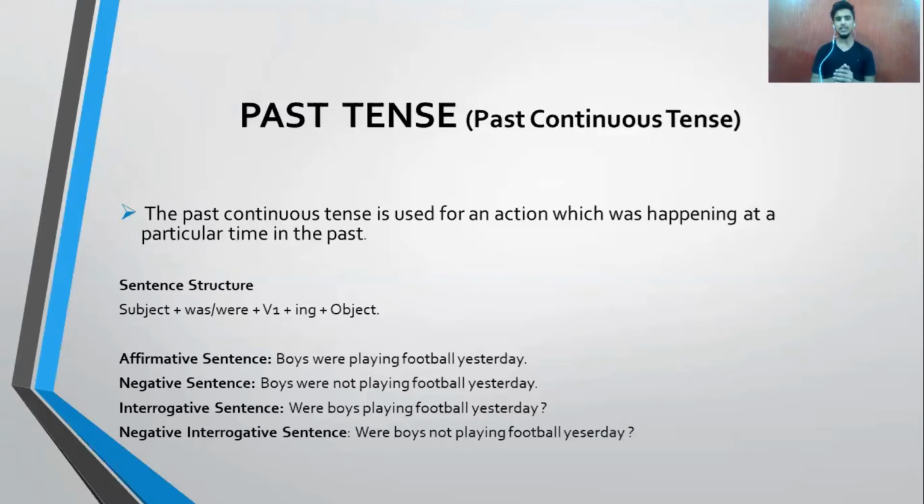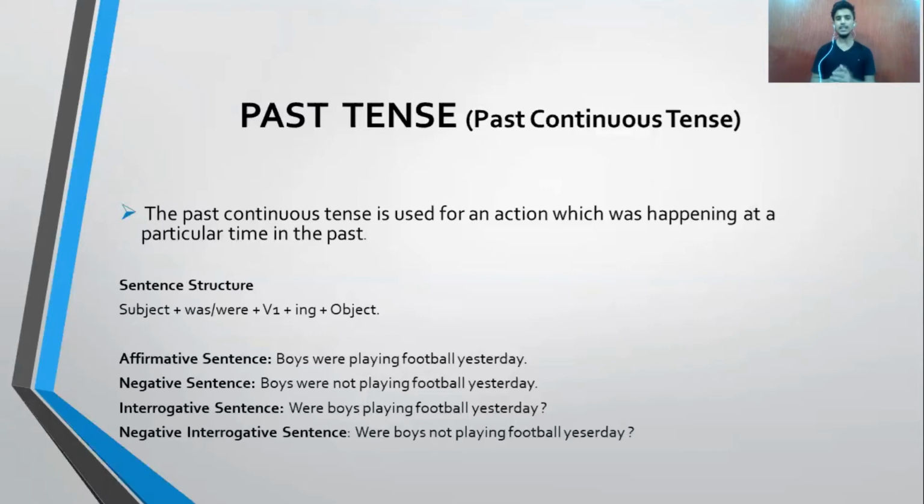In an affirmative sentence, first we put the subject as the sentence structure is given, then the helping verb, then the verb's fourth form, and then the object. Boys were playing football yesterday. In a negative sentence, we'll put not after the helping verb because it's a negative sentence. Boys were not playing football yesterday.